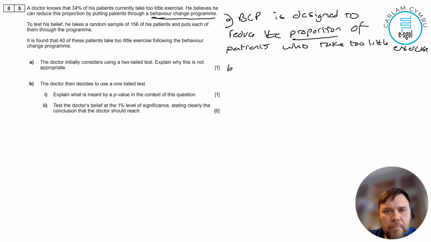Part B, 1. The doctor then decides to use a one-tailed test. Explain what is meant by the p-value in the context of the question, all related to the context of the question.